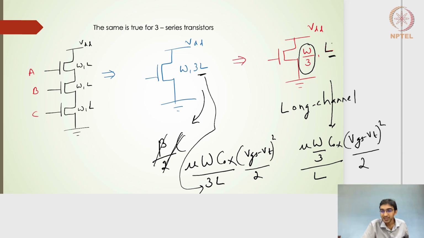So instead of the channel length being extended to 3L, I can also have W by 3 as the width. Just for our analysis purposes, we can take W comma 3L, or we can take W by 3 comma L, if I have these 3 series or stacked transistors. Hope you have understood this.